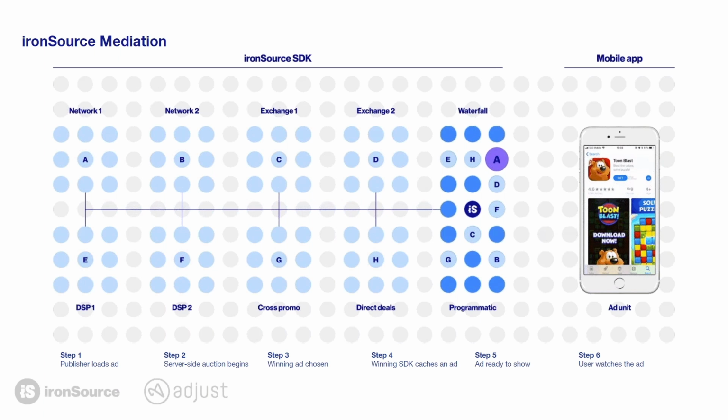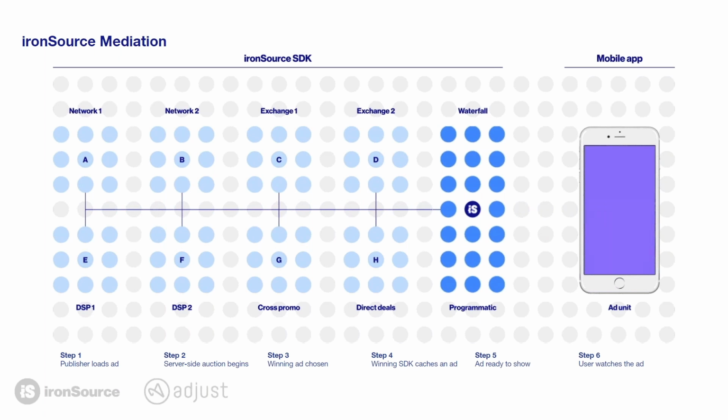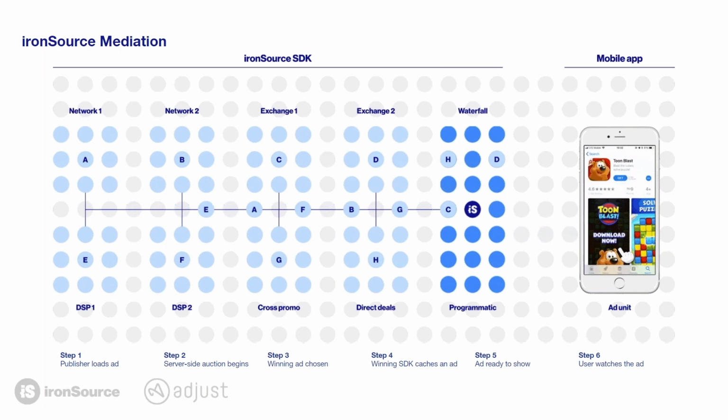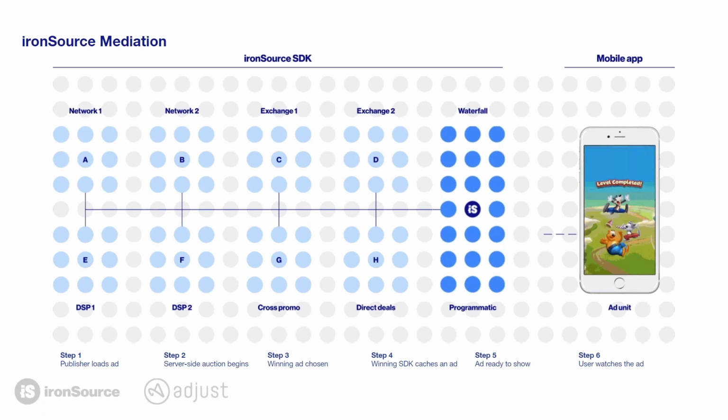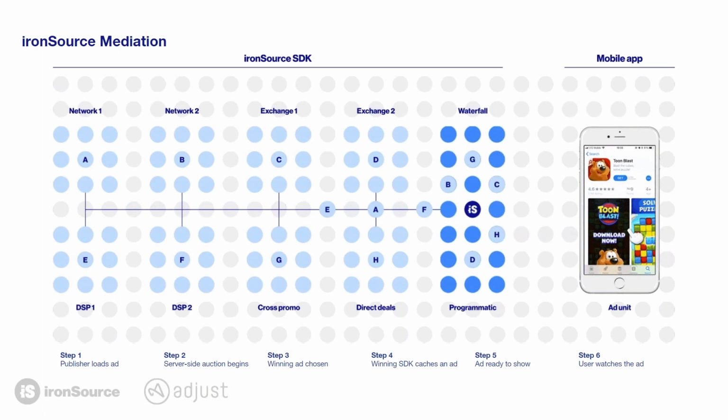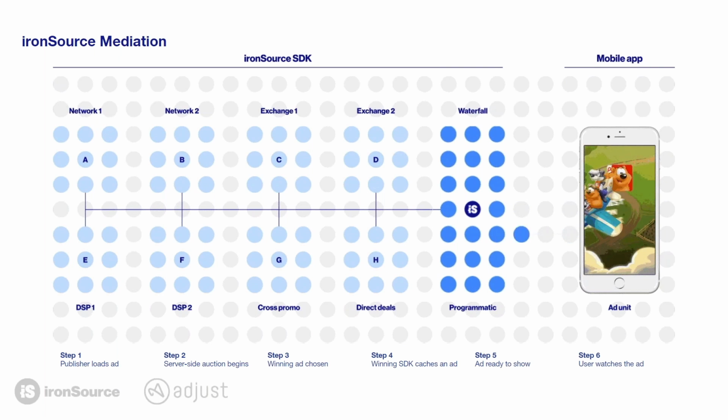That is handled through our mediation platform, where each impression served is different per user, based on how the different demand channels bid on that user and compete for that impression. Today the market is still transitioning from the waterfall era to programmatic, and that's something I'm going to touch on a bit later.